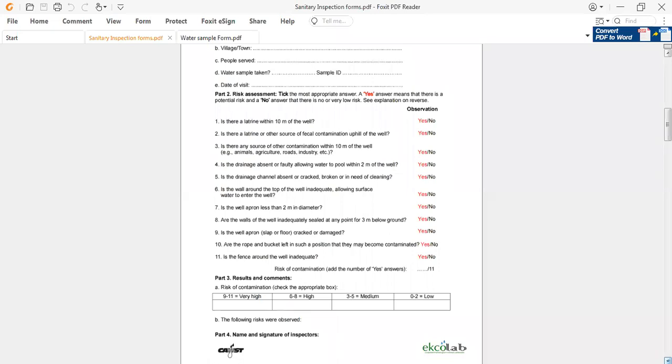Question 8 says, are the walls of the well inadequately sealed at any point from 3 meters below the ground?